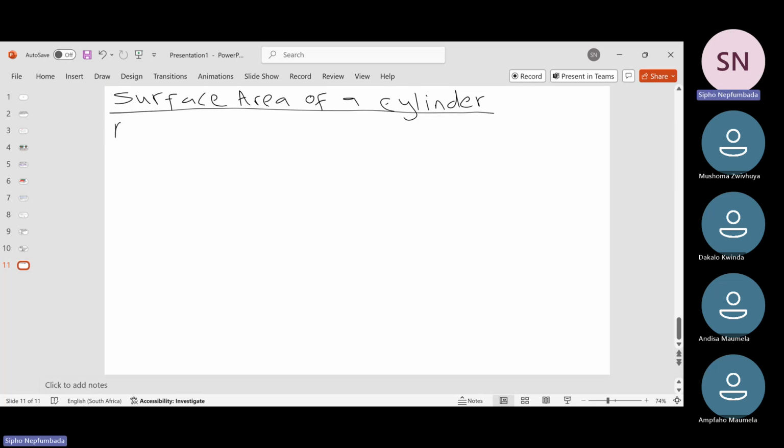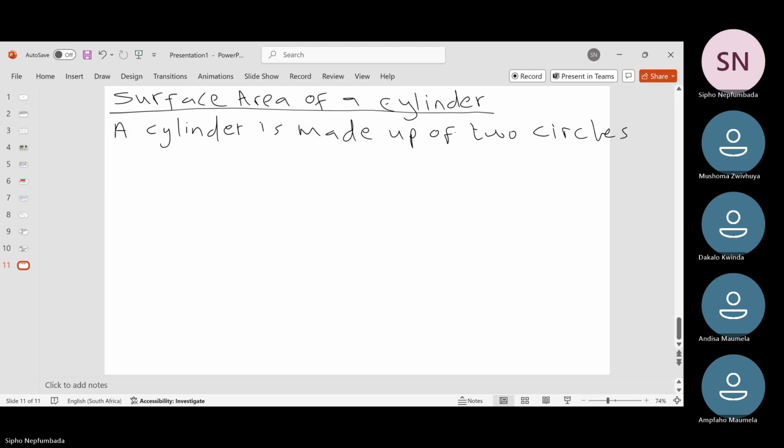Remember, a cylinder is made up of two circles and a rectangle.